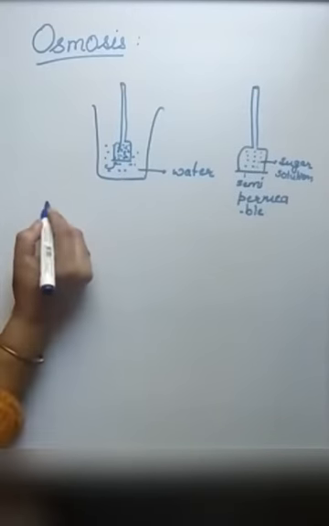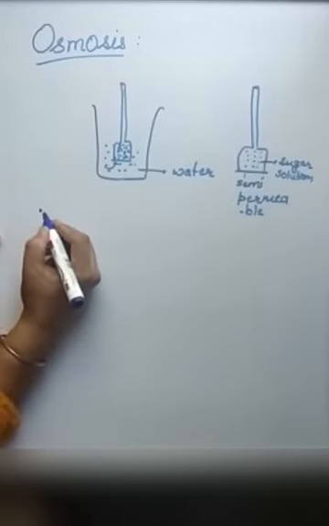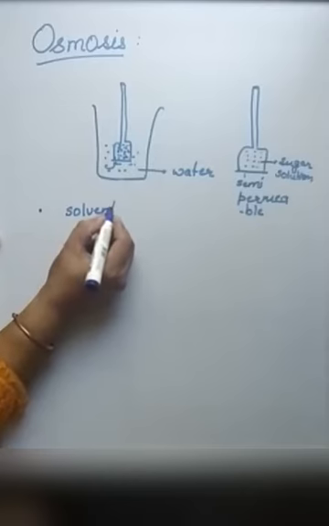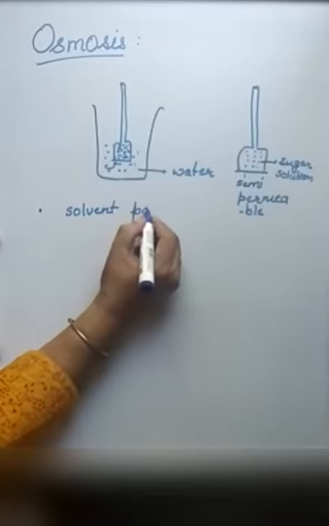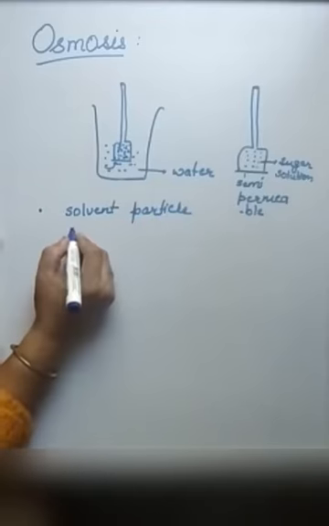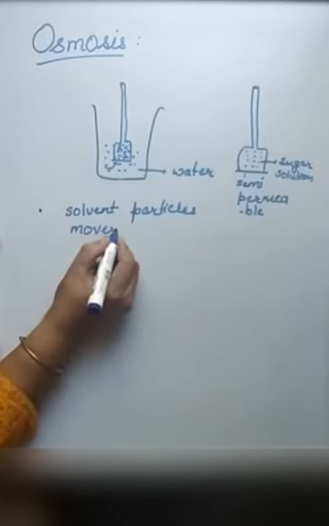So what we see, the phenomenon in which solvent moves, only solvent particles move. No movement of solute is there. Solvent particles move from where to where?